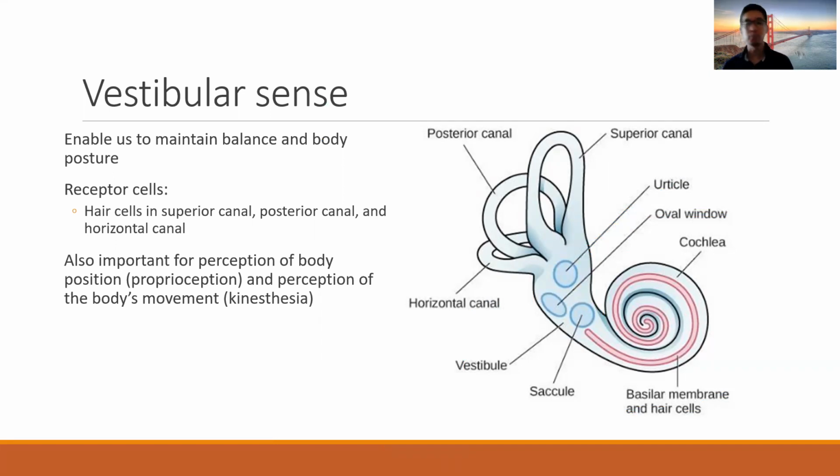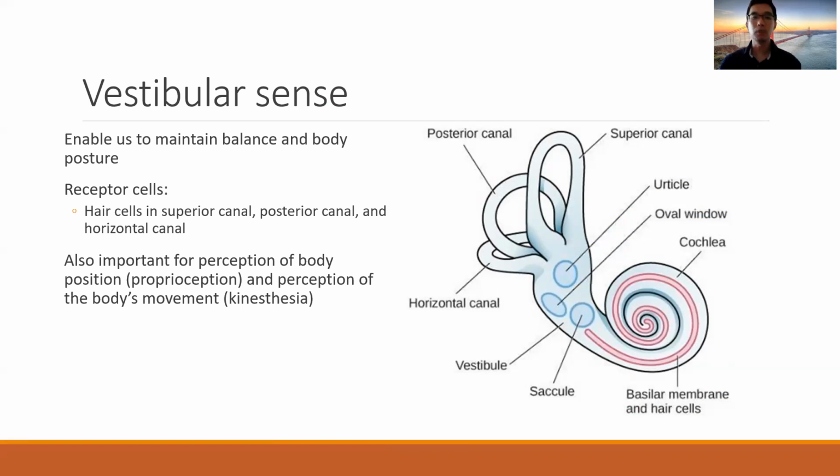So when our head is moving, the fluid inside of the canals is also moving, so the hair cells are activated, because hair cells can detect the movement of the fluid inside of these canals.